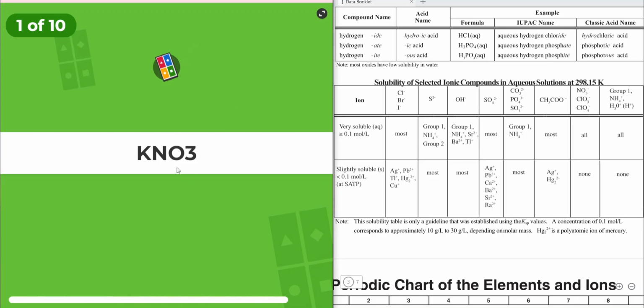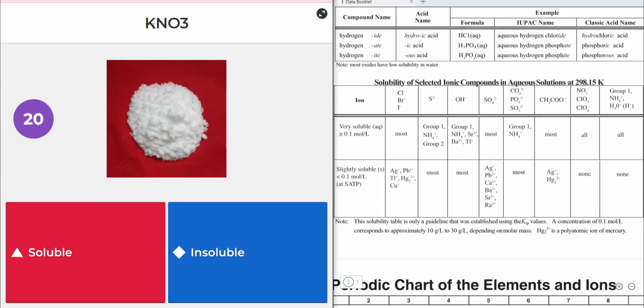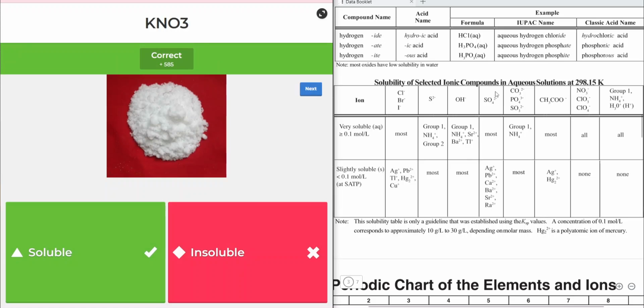So you look at the formula and you look at two things. You've got your metal, which is the K, and you've got your non-metal, which is the NO3. So if you look here, there are two places you can look. The NO3 minus says all things are soluble, so we're going to click soluble. The other place you could look is the K value.